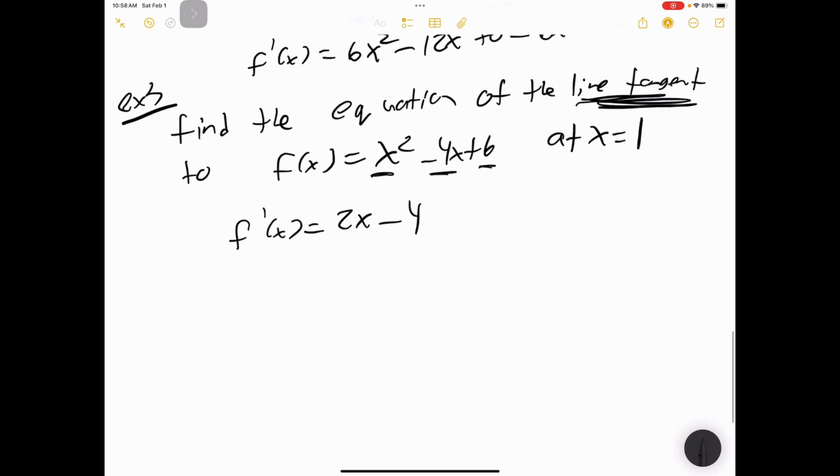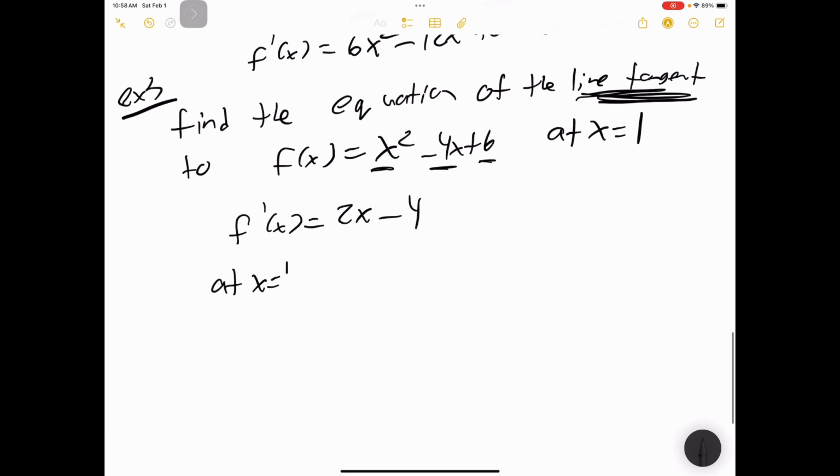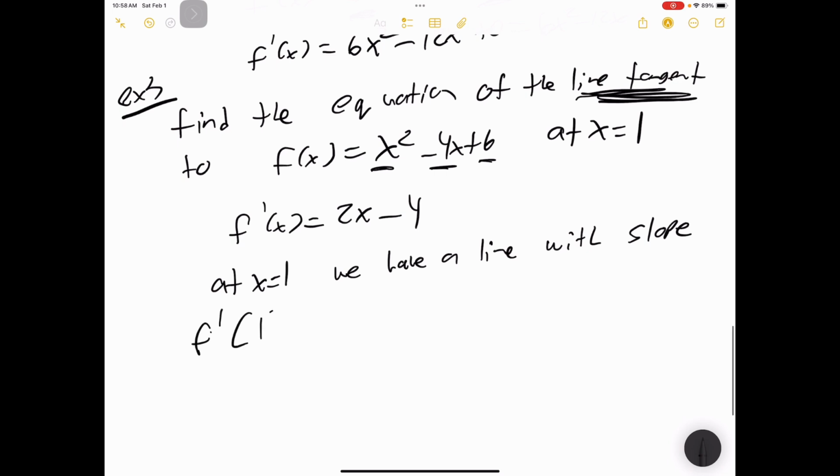Which means at x equals 1, we have a line with slope. What's that slope going to be? The slope is going to be exactly f prime of 1, which is equal to 2 times 1 minus 4, which is equal to negative 2.